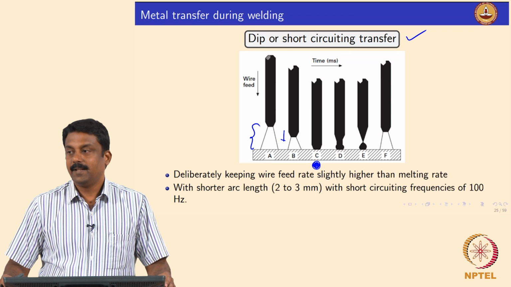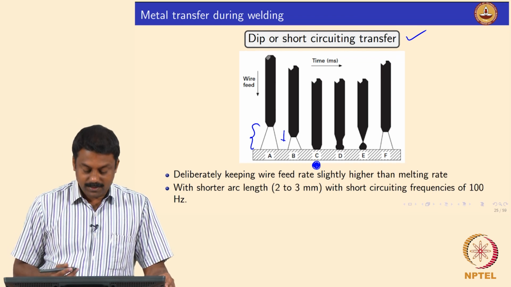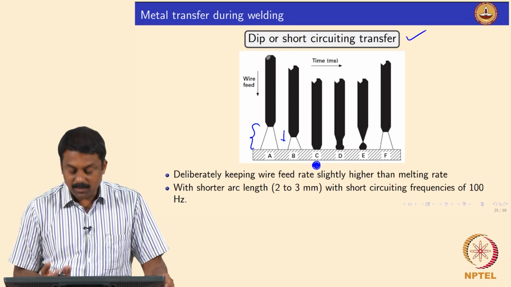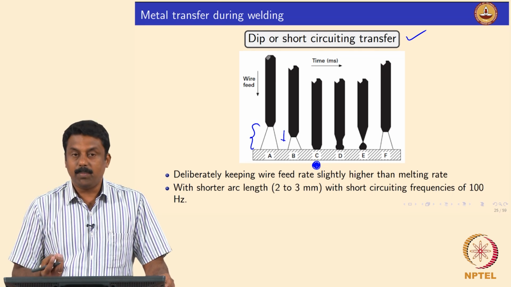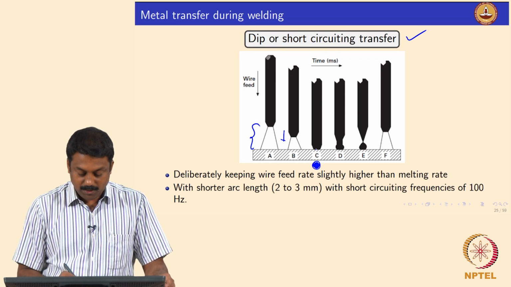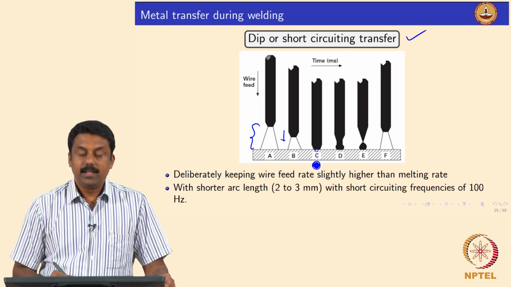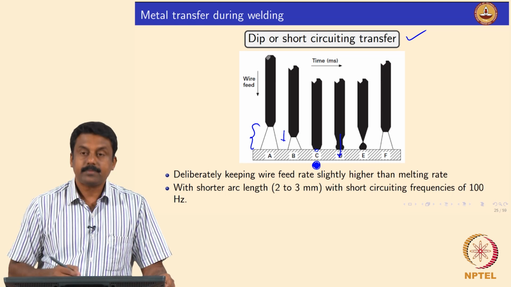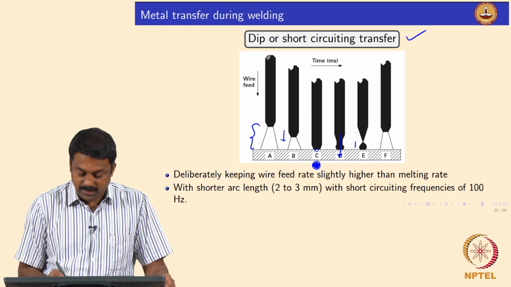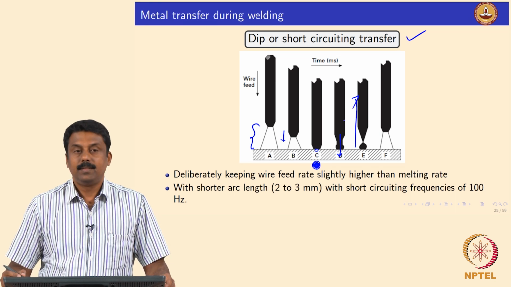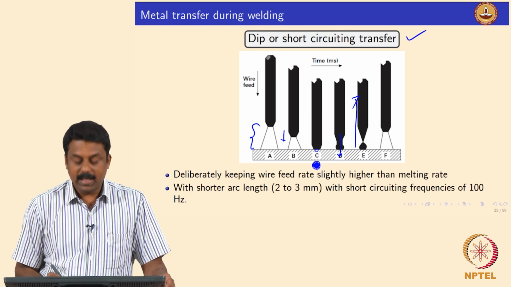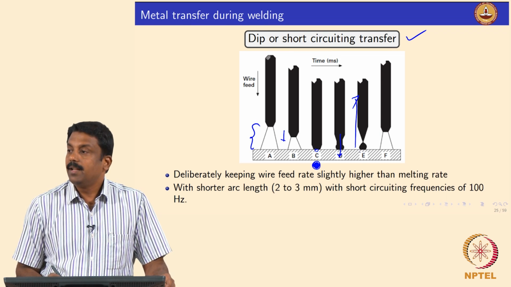is not it. And then what happens? Once the short circuiting happens, you can transfer the droplet to the workpiece. So, you form a droplet, and then once you are dipping it, you melt the droplet, and then subsequently you can pull the wire back. Whatever is molten is detached by the surface tension of the weld pool.